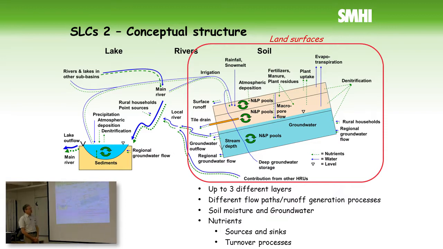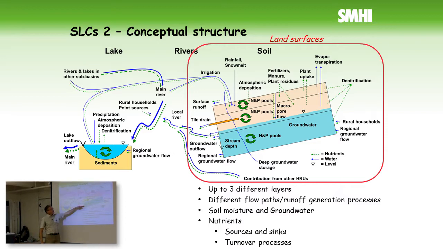It's calculated as a function of soil moisture. You can specify a certain stream depth to which drainage of the groundwater occurs. There is a tile drain depth, so you can have tile drainage within agricultural soils. And then you can connect regional groundwater between the different subbasins. Now, this type of model exists within each SLC. So in a typical application, a typical subbasin, maybe there would be 10 different SLCs.